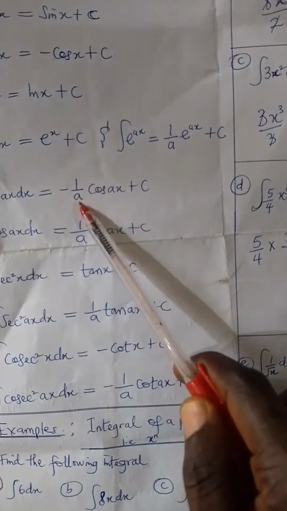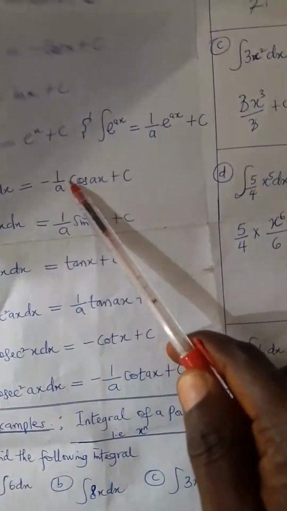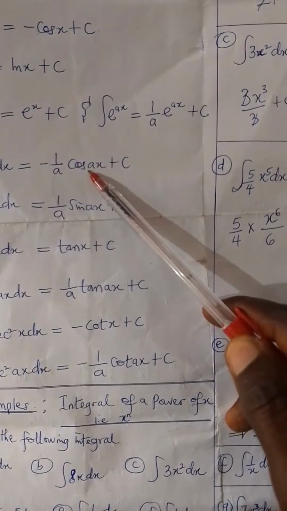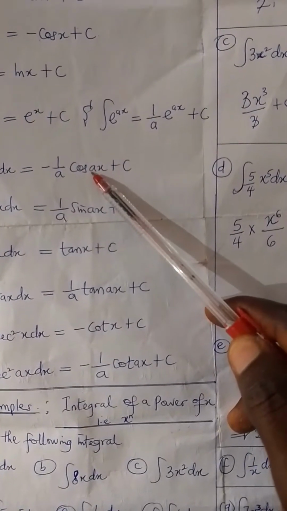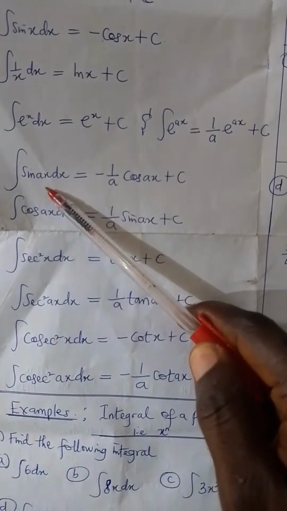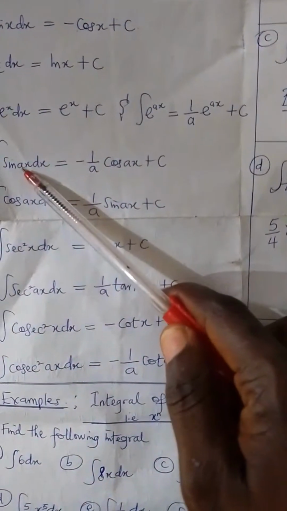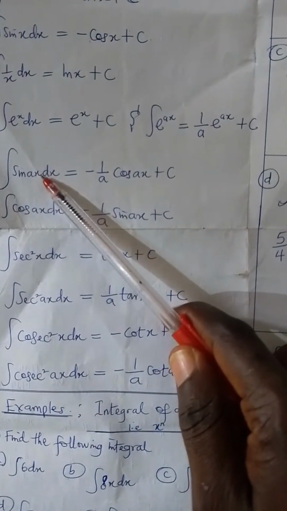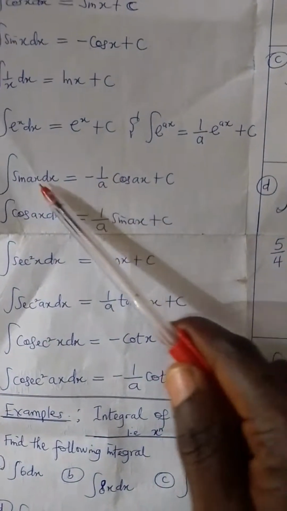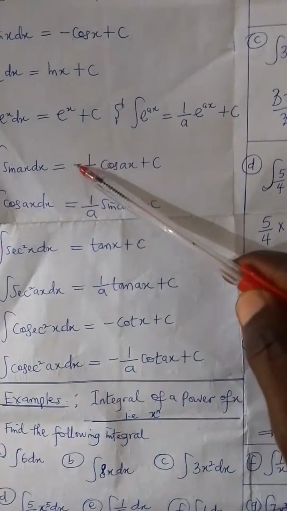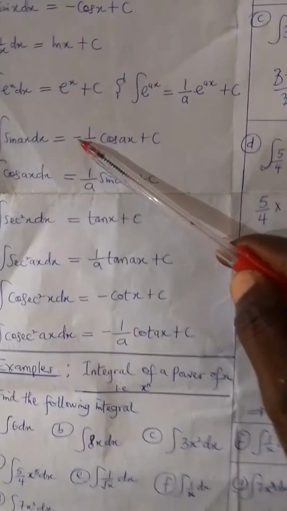Then cos x, then that constant will still be there. The function has not changed. But you are going to bring that constant out. That's 1 all over the constant. Then integral of sine ax will be minus cos ax. That's the reason for the negative sign here.